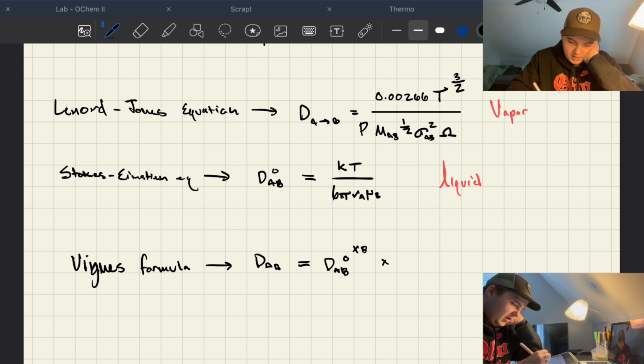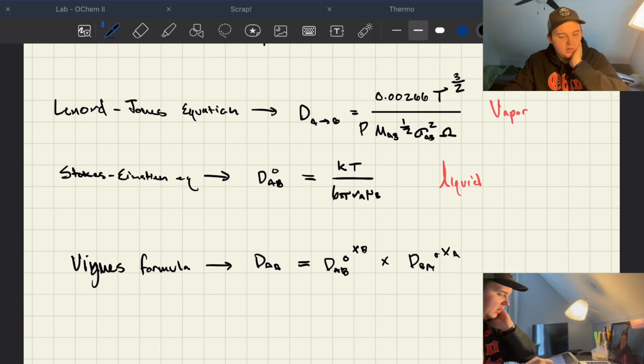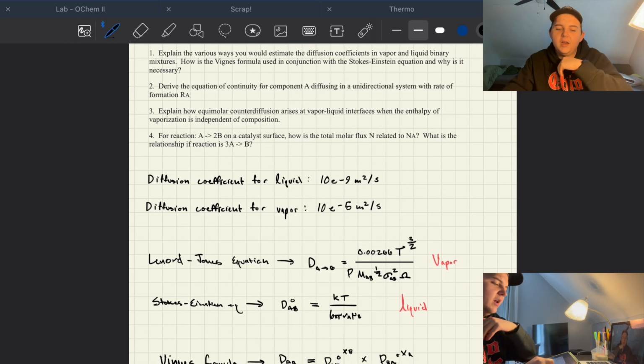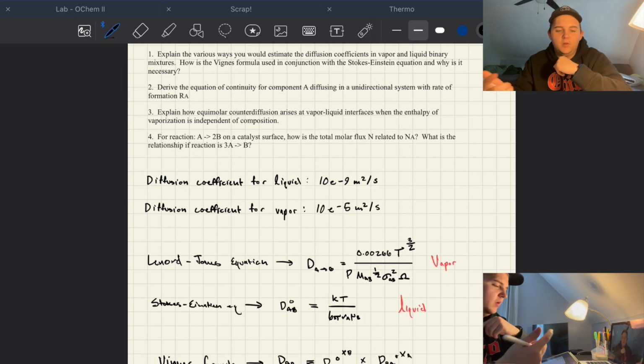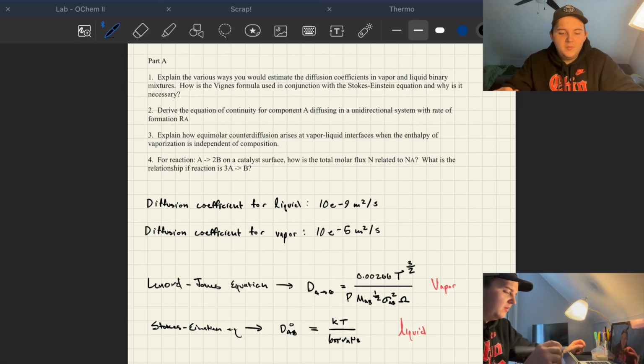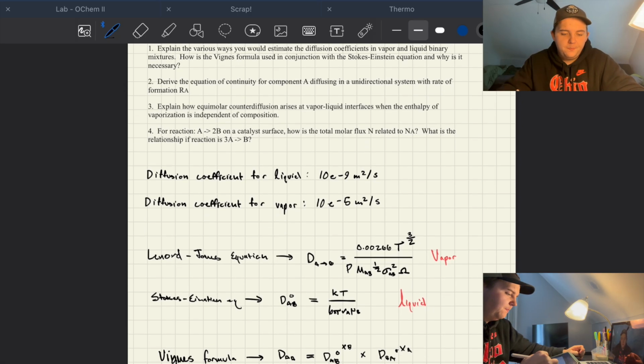And that will be multiplied by our other D_BA, not X_A. So that explains a variety of ways that we could estimate diffusion coefficients. And this is only for binary mixtures, as it says up here in the problem statement, because it gets way more complex in other ways.